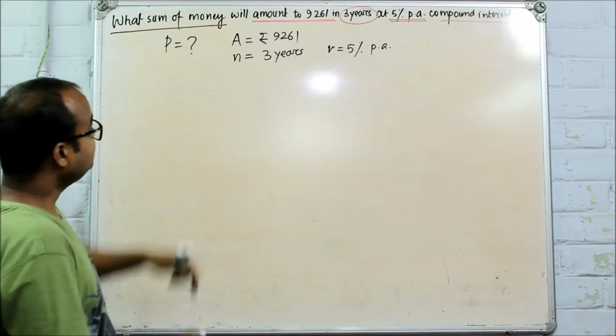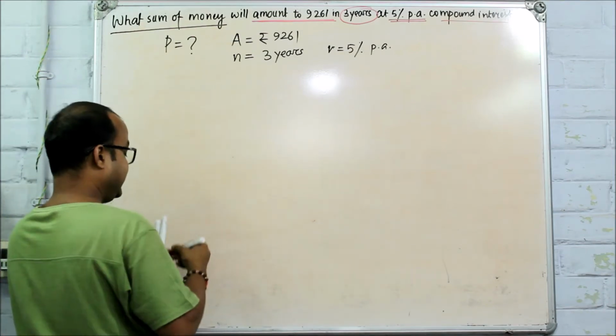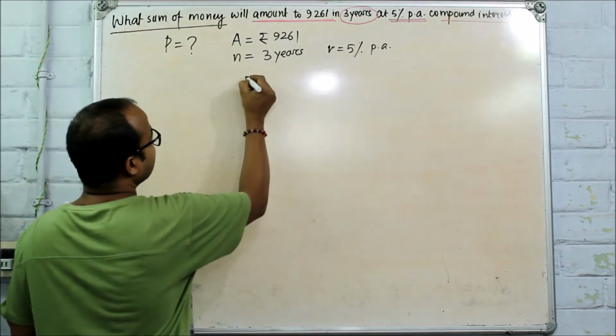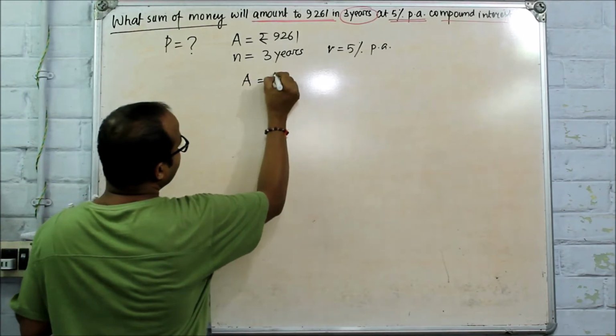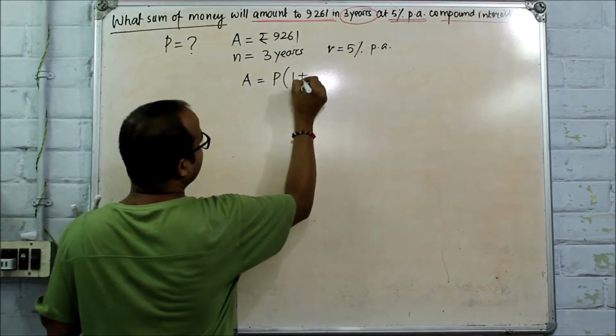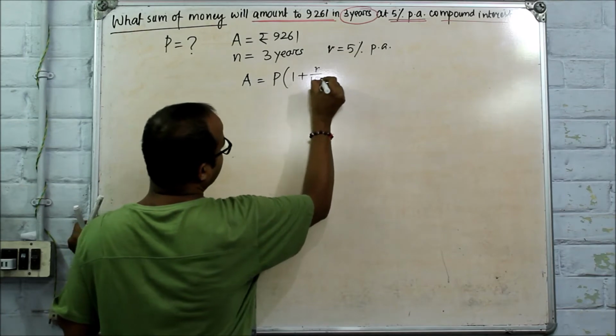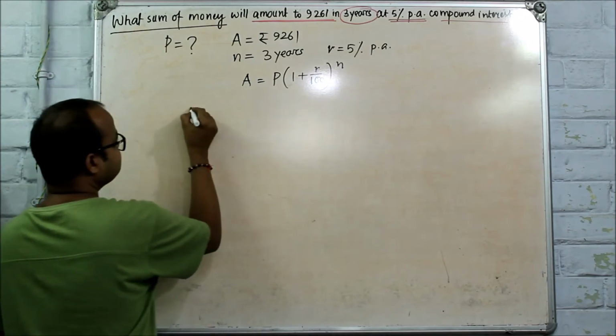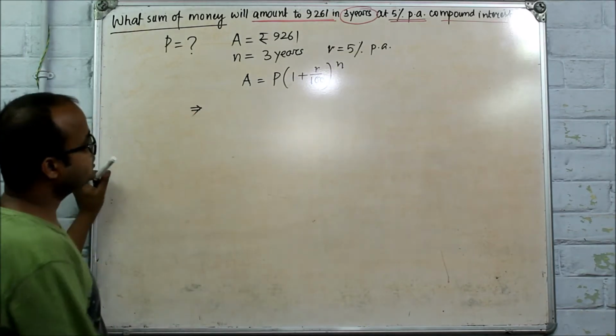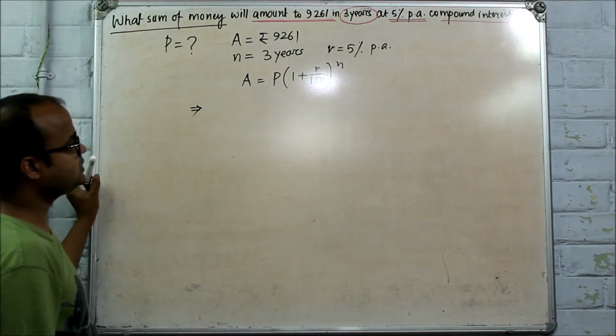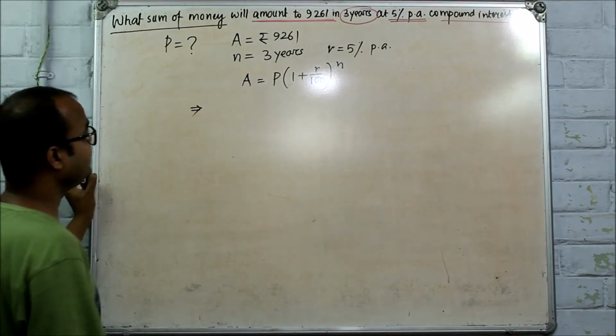Now we apply the formula A is equal to P into 1 plus R by 100 to the power n. Amount is equal to P into 1 plus R by 100 to the power n.